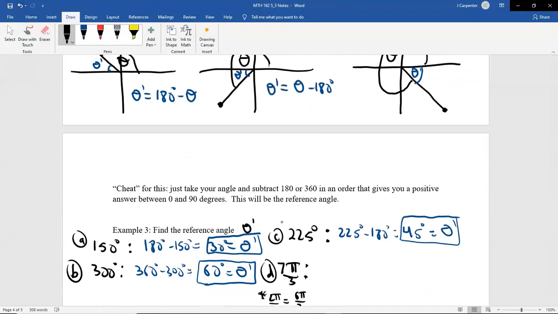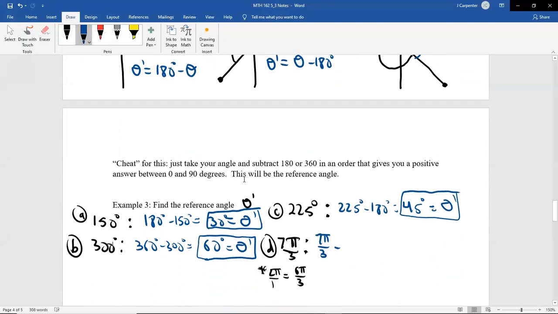So what we need to do is first find a coterminal angle, which means we need to subtract 360. So we got to take 7 pi over 3 and subtract 360 degrees, which is 2 pi radians. But we know that 2 pi over 1 is 6 pi over 3. 7 minus 6 is 1.